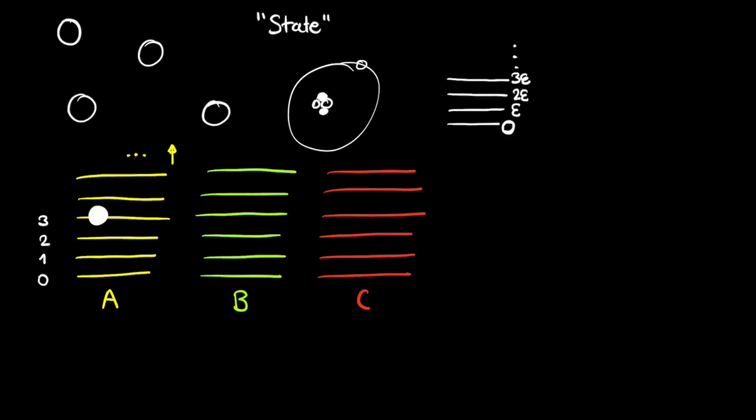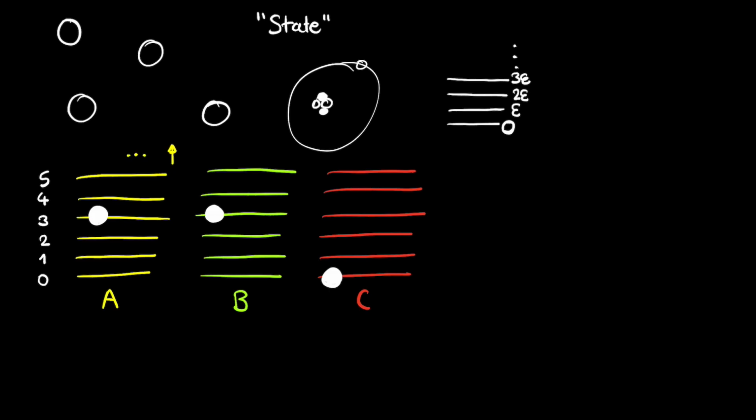We're not going to bother with units, but you could attach some if you wanted to. This just shows the quantization, the discrete levels of this system. So system A has this particle up on level 3. What about system B? Let's say system B also has it on level 3. And system C has the particle on level 0.